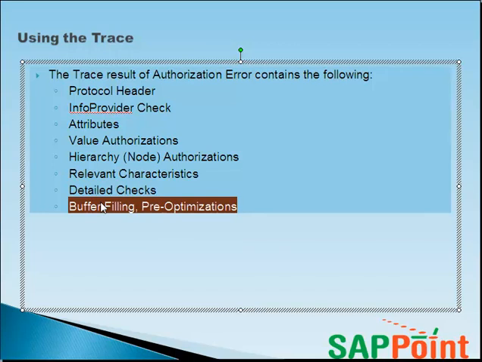Now all information on authorizations is usually required several times, for example, during navigational steps or even for several value helps on authorization relevant info objects. Since the preparing steps that must or may be done before actual authorization processing take a certain amount of time, all necessary information is buffered at the first call.